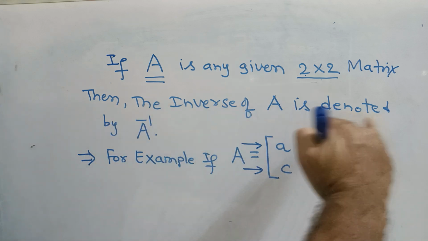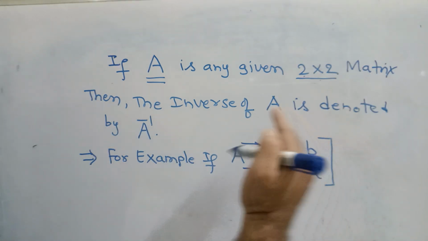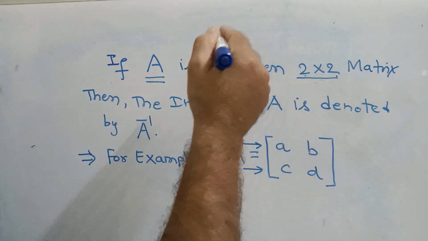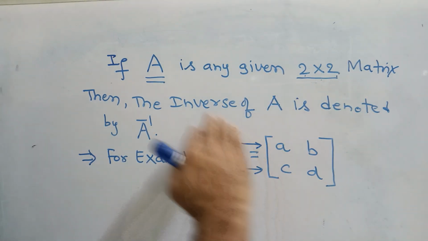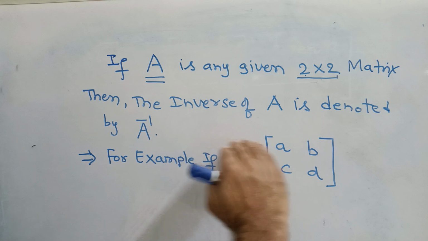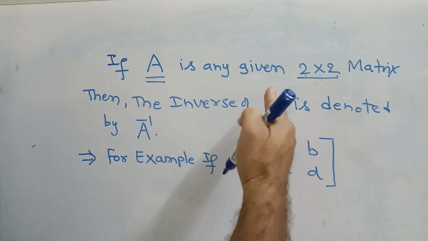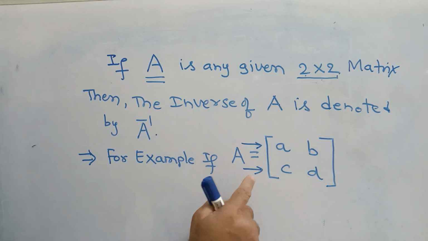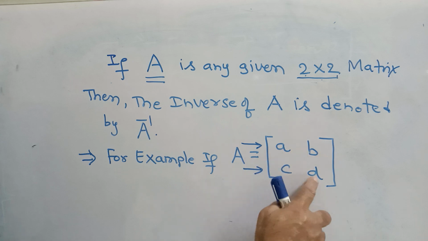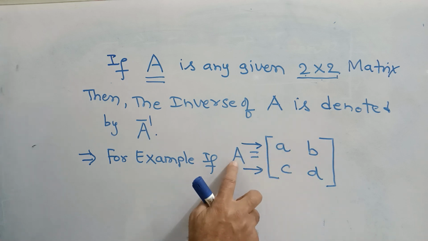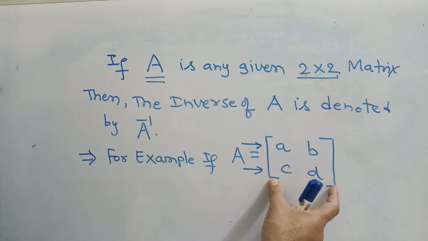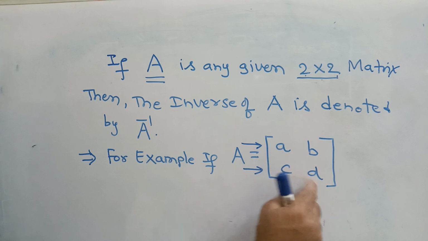Therefore, we have two rows. Similarly, the second 2 indicates two columns. Therefore, 2 by 2 means it has two rows as well as two columns. What is the example for that? A, B, C, D is the best example. Therefore, A is equal to, in the square bracket, A, B, C, D.